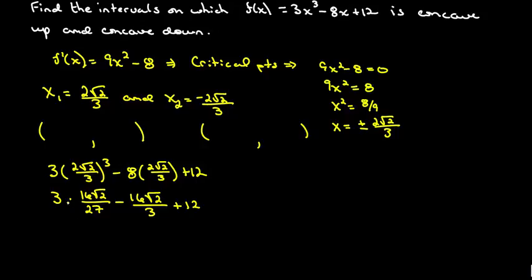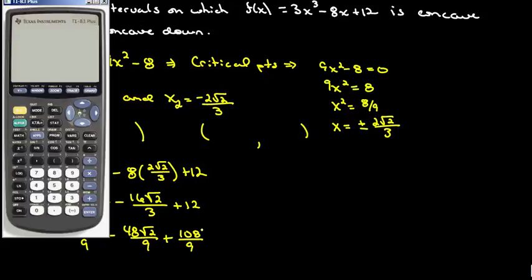And so this will reduce to 16 square roots of 2 over 9 minus, now here's where we've got to be careful. I'm going to multiply top and bottom by 3, so 3 times 16 is 48 square roots of 2 over 9 plus, now let's get this guy over 9. 9 times 12 is 108.